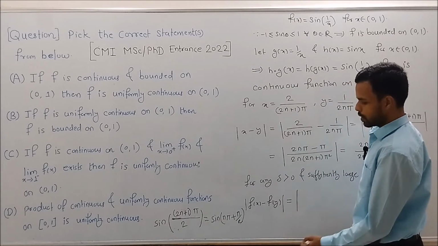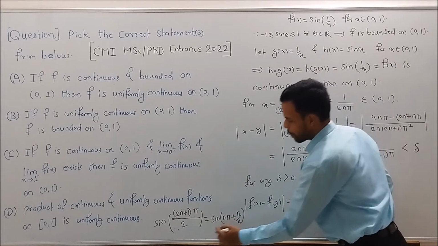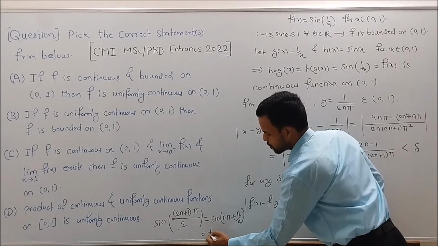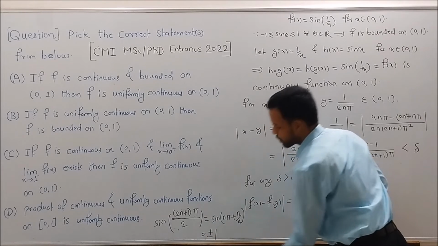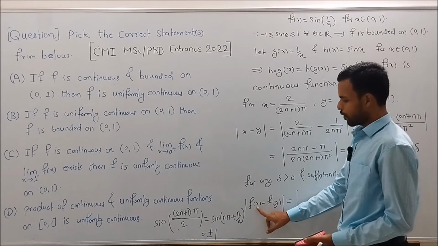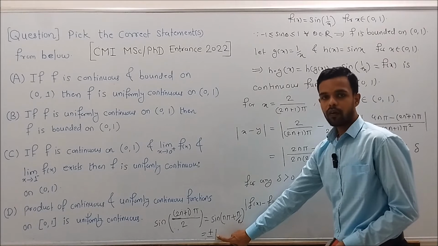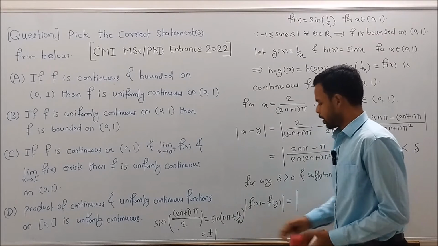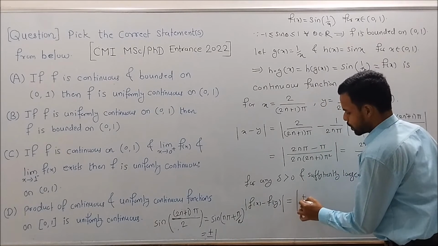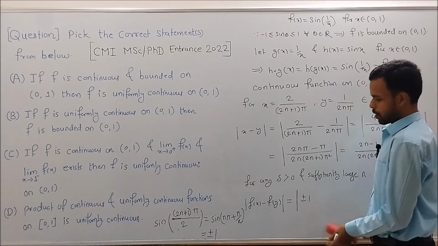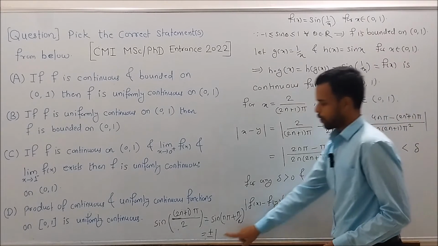So this value is sine of (nπ plus π/2), and this is always equal to plus 1 or minus 1. So f(x) takes the value plus 1 or minus 1.